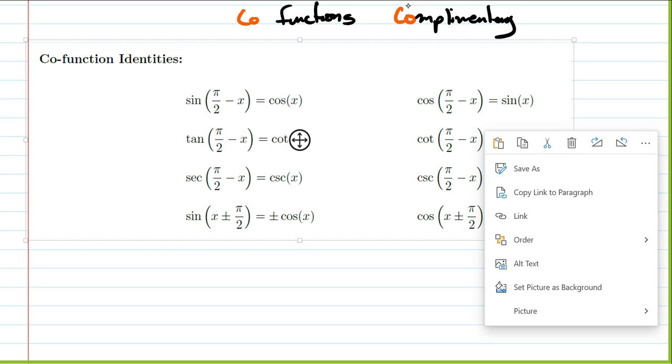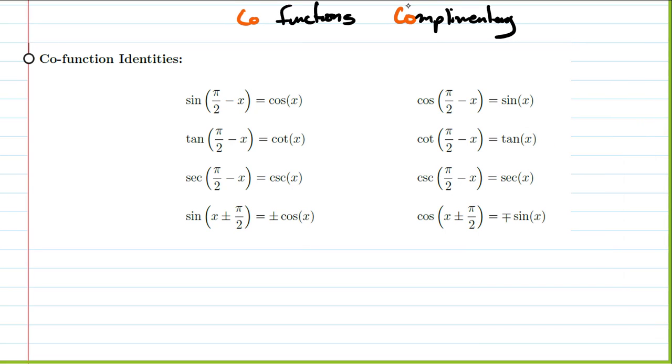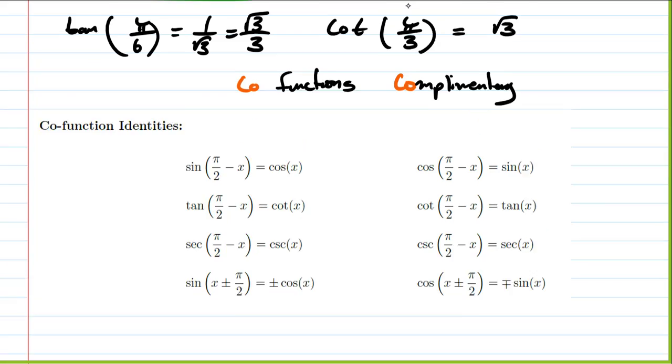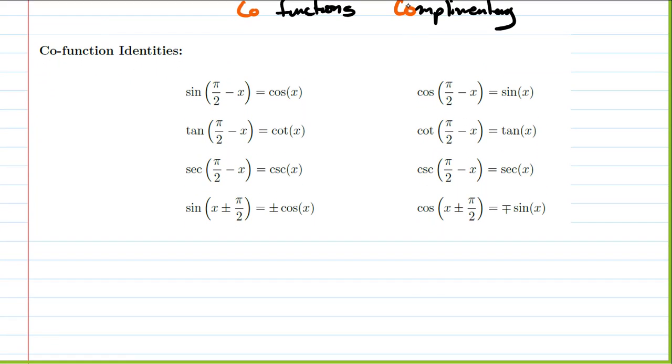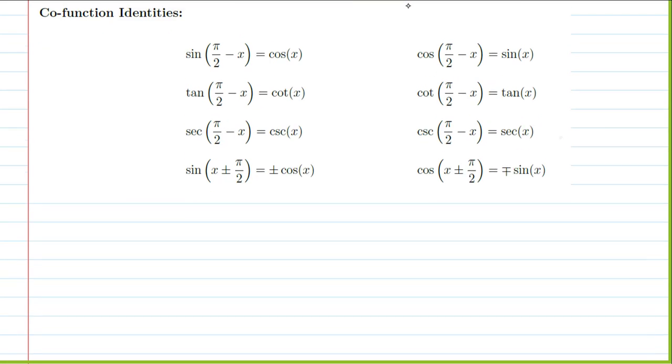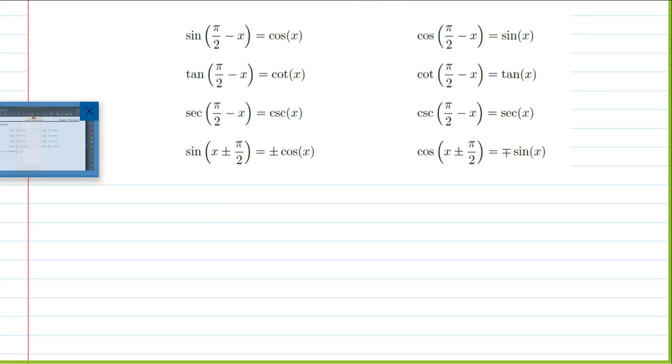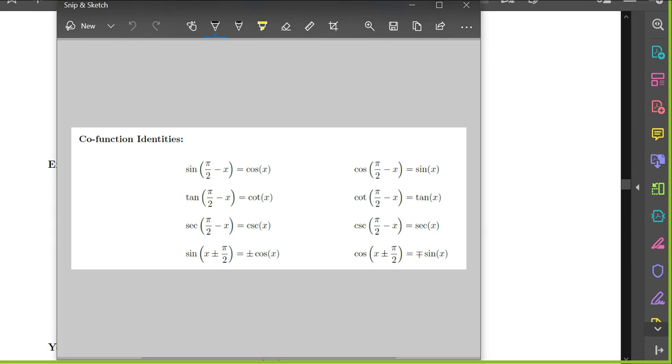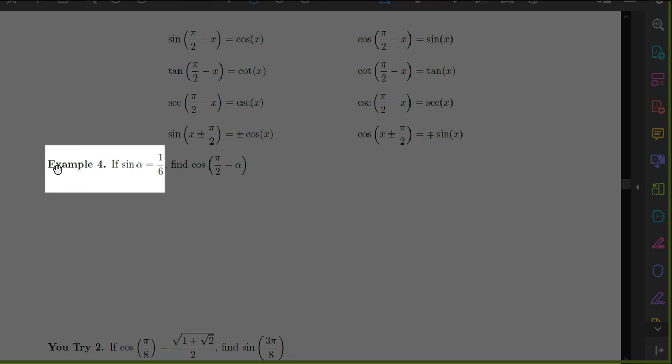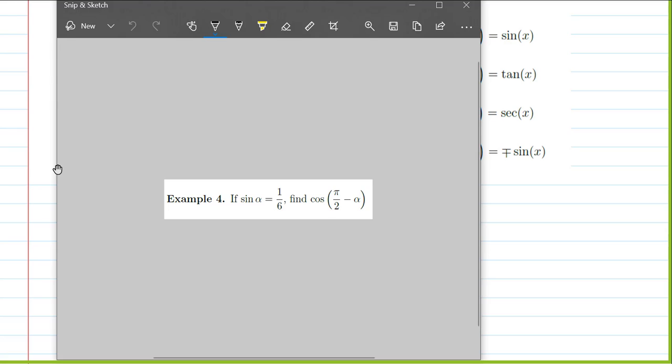So, remember, two angles are complementary if they add up to 90 degrees or pi over 2. So pi over 2 minus x plus x, those cancel out, we get pi over 2. So our cofunction identities say the following. The sine of pi over 2 minus x is cosine, and so forth. All right. So let's use that to simplify a few things.